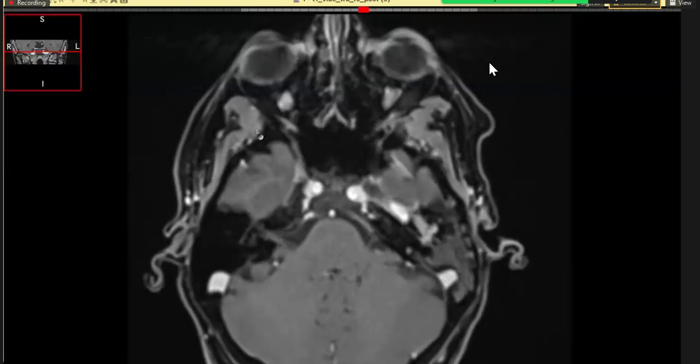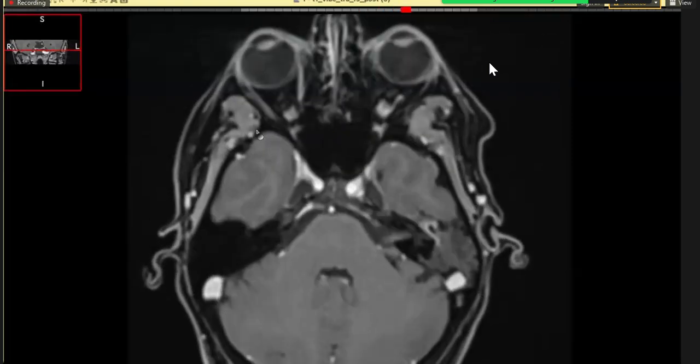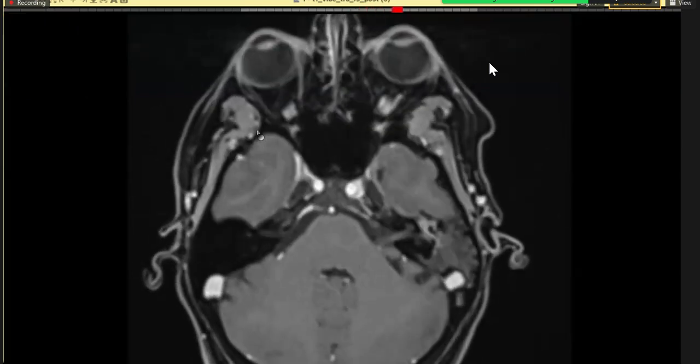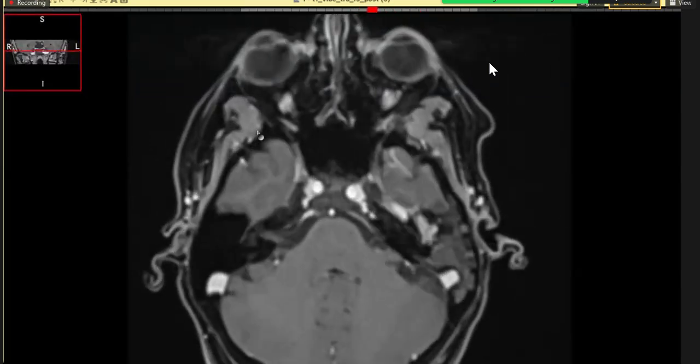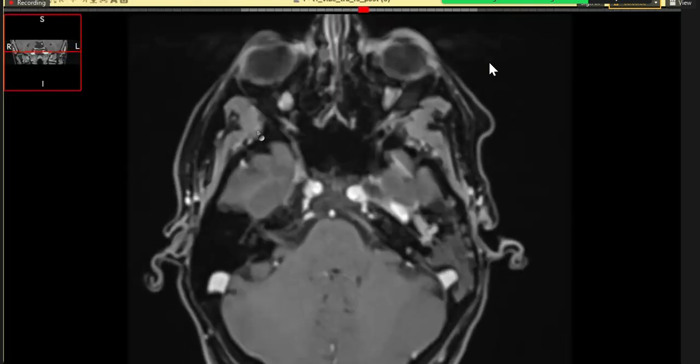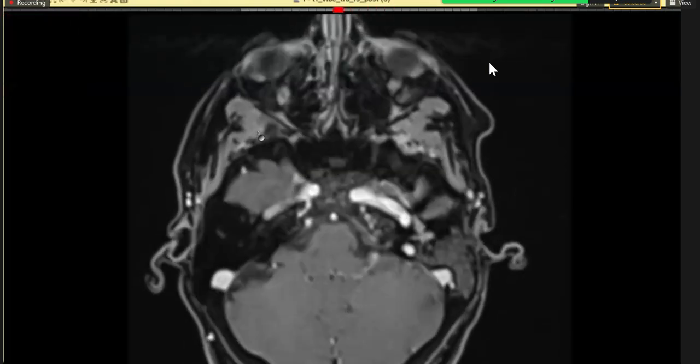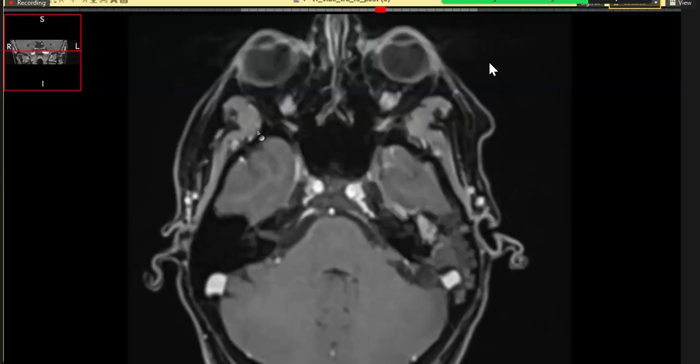So, madam, what is your conclusion? So I'm suspecting that this is an enhancing soft tissue lesion seen within the middle ear cavity.